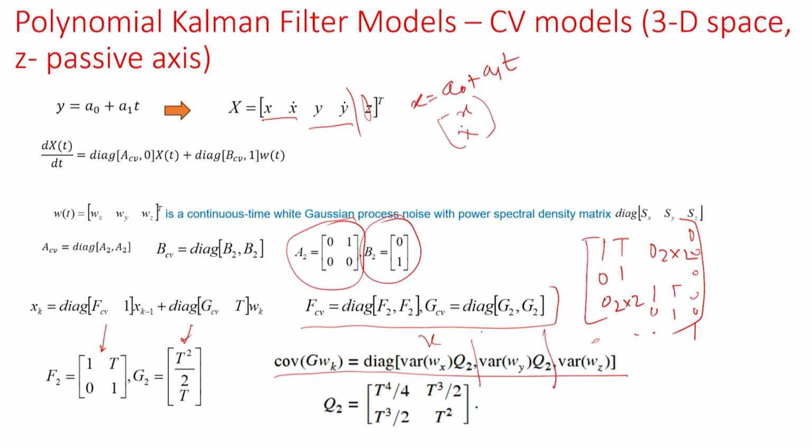This is your x axis, this is your y axis, this is your z axis anyway. So, let us see about the x axis only. For the x axis, G is direct equivalent to your T square by 2, T. Now, I am multiplying it like this: T square by 2, T in a column matrix, and its transpose.